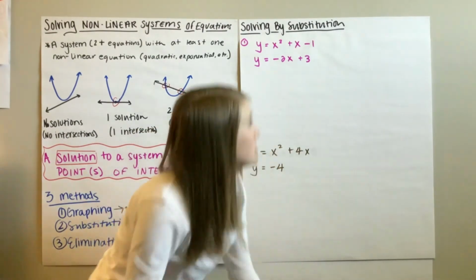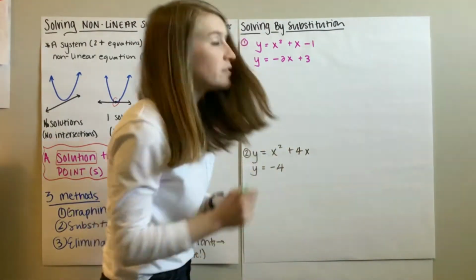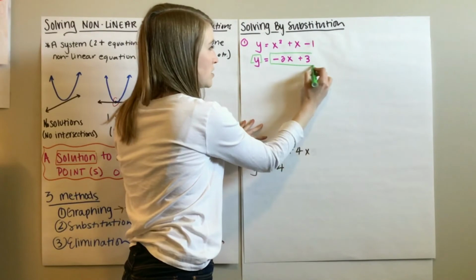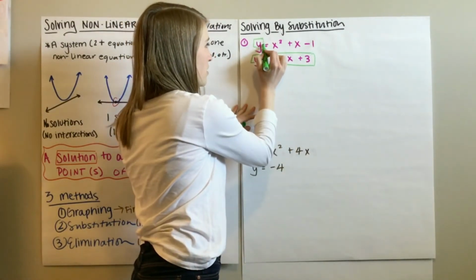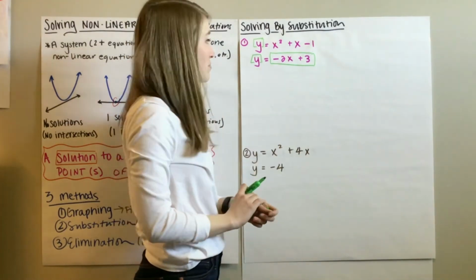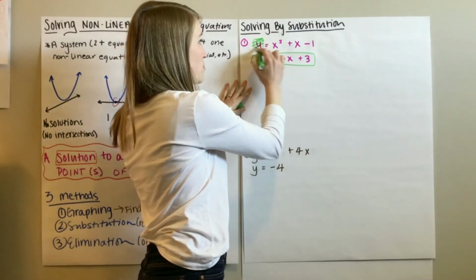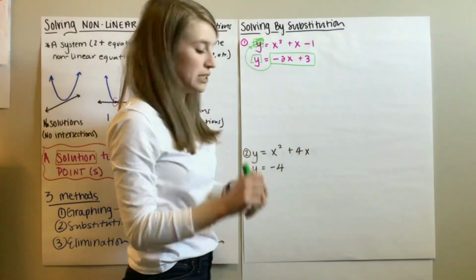See how this says y is equal to negative 2x plus 3. There is also a y up here that's equal to x squared plus x minus 1. Because y is the same as negative 2x plus 3, I'm going to replace this y with what is equal to negative 2x plus 3.